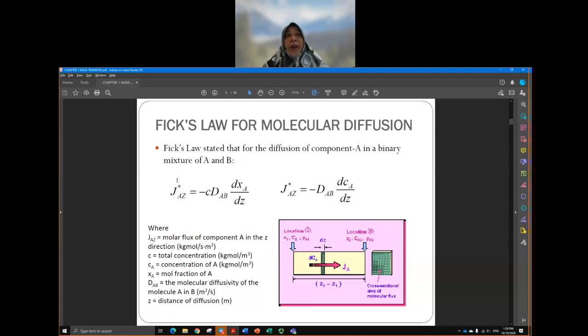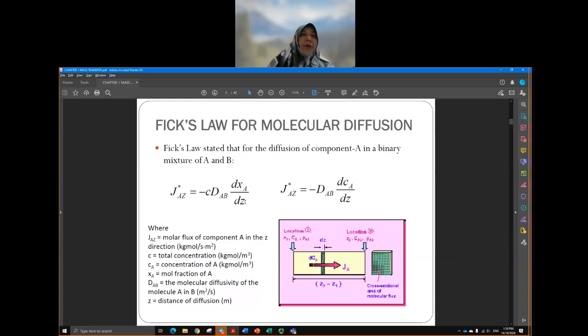So that's why when you talk about Fick's law, you need to know the magnitude, and you have to know the first position and the second position. So you have to state the position. The first position represents the initial position, and the second position represents the final position.